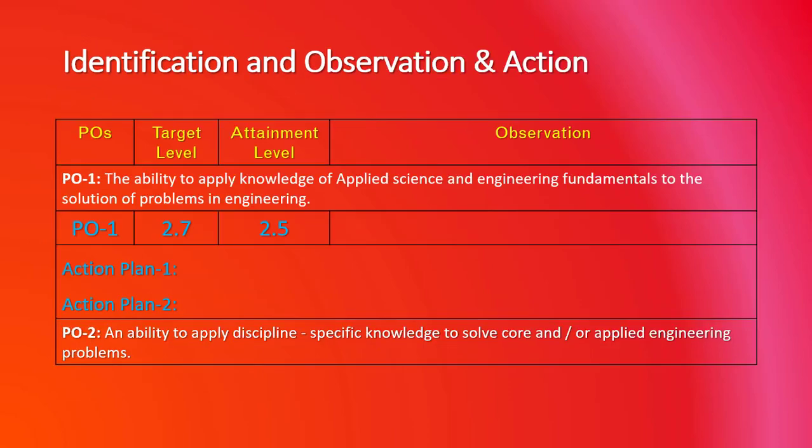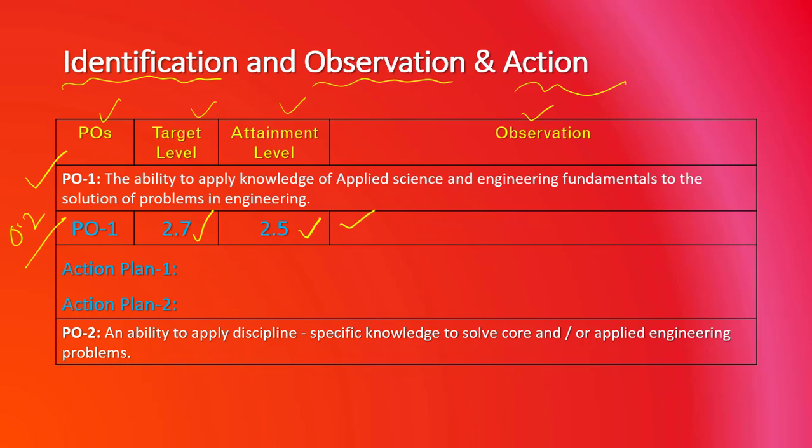So the format given by NBA is test, identification, observation and action. So PO, target level, attainment level and observation. For example, for the first PO, that is PO1, if the target level is 2.7 and the attainment level is 2.5, so there is a gap of 0.2, and that observation has to be written here along with the reason for the gap.